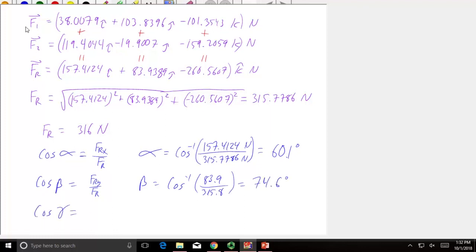Cosine of gamma, okay, don't forget the negative sign on the last one. You need to include the negatives in order to get the right answer down here, because the z component is negative. And of course on my work I would box all of the answers.